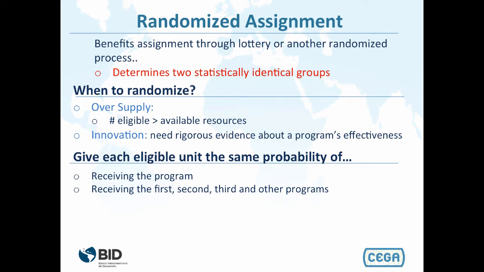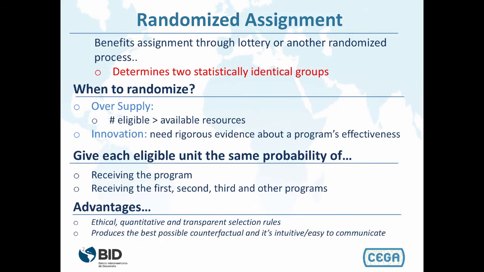The advantage of this is it's ethical, it's quantitative, and transparent. It's ethical in the sense when we have limited resources that everybody gets an equal chance of getting it. This is one step back from giving it to everybody. We give everybody now an equal chance.